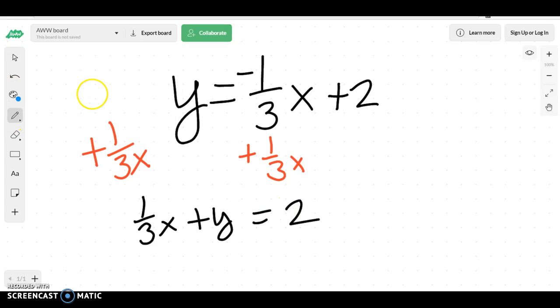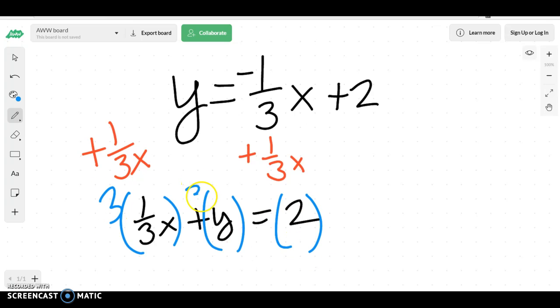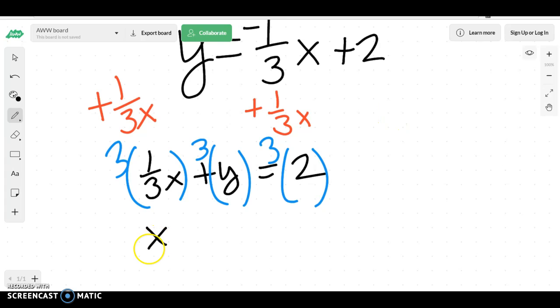So to get rid of the fraction, I would multiply everything by 3. The 3's will cancel, so I have just 1x plus 3y equals 6.